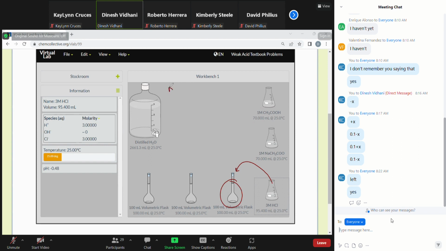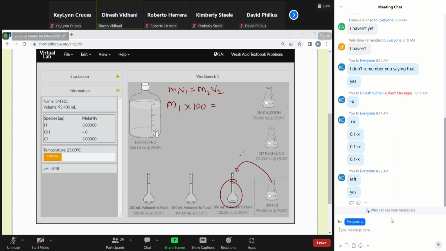So this one was M1V1 equals M2V2, right? If I just find the concentration, just think in that way. I don't know what the concentration was in this one, so I'll just write it here, M1. But I know the final volume is V1.